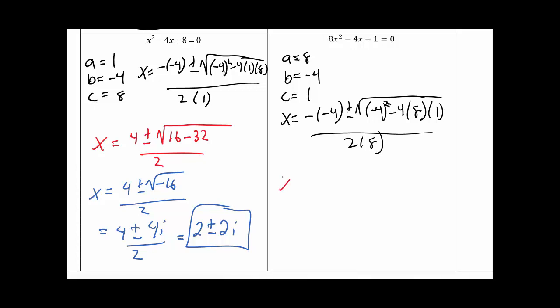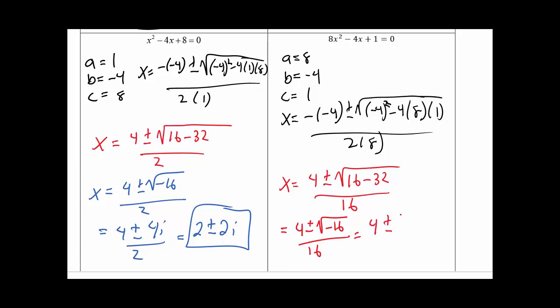All right, so a negative and a negative give me positive 4 plus or minus 16 minus 32 again, so we've seen this, which is 4 plus or minus the square root of negative 16 over 16.